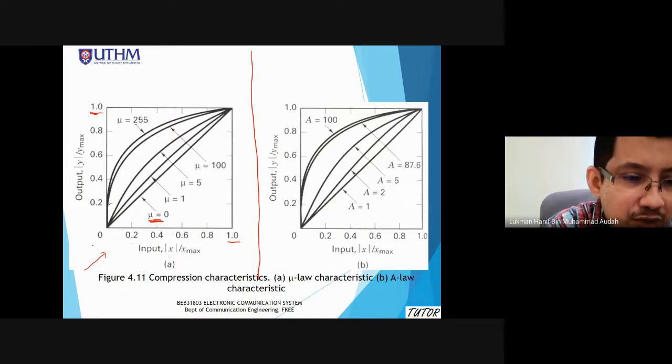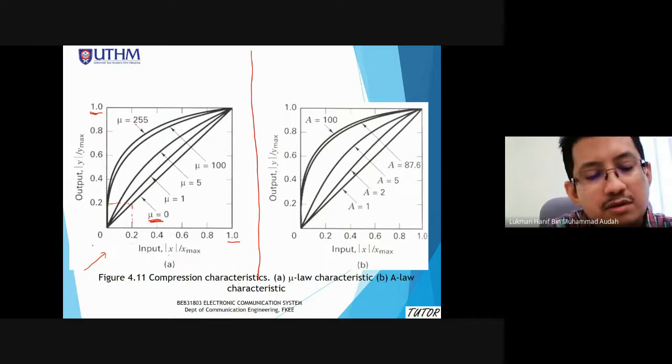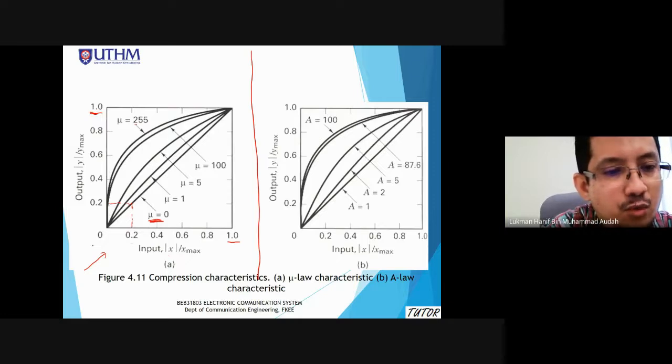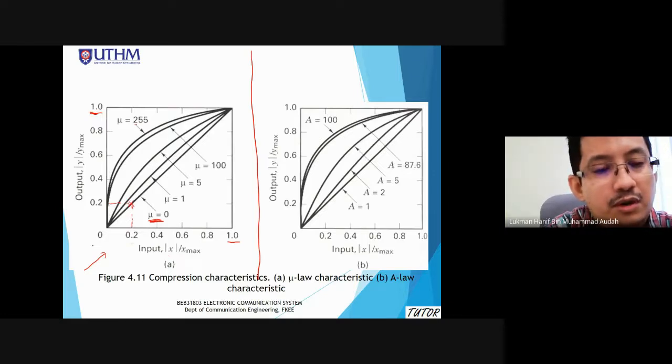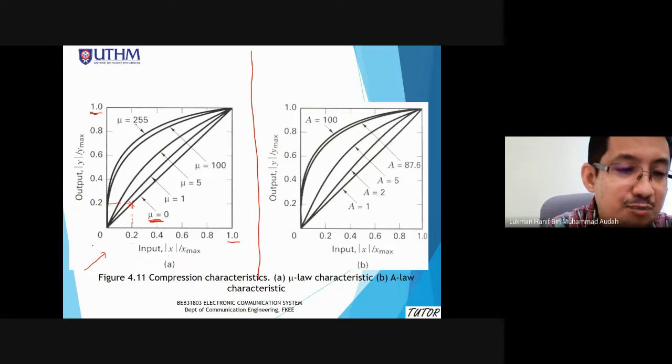Okay. Dan kalau you gunakan pembaris, if you use a ruler, for mu equal to 0, you're gonna produce output, normalized output equal to the input.